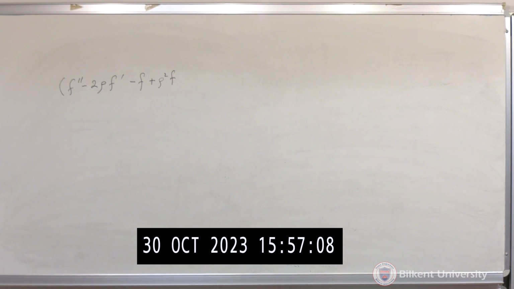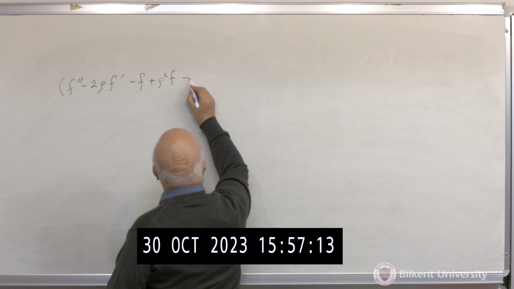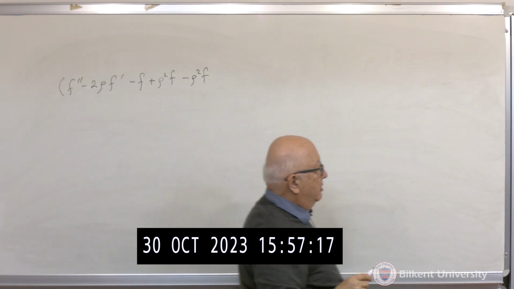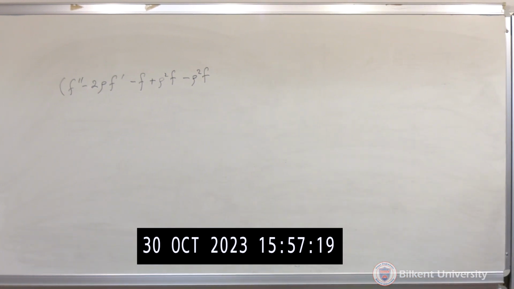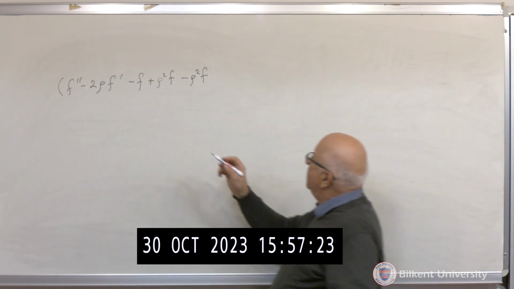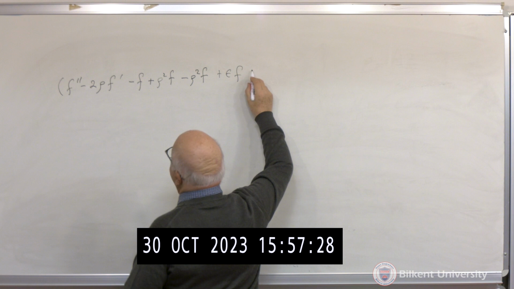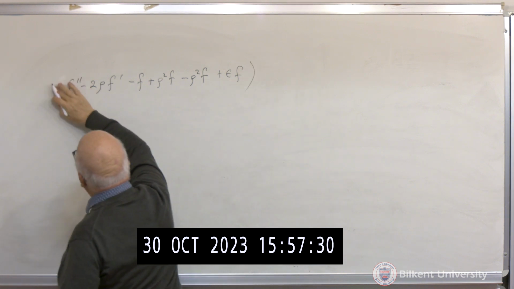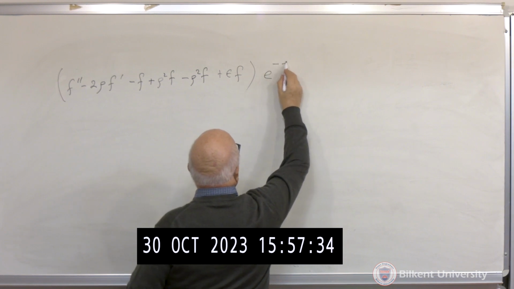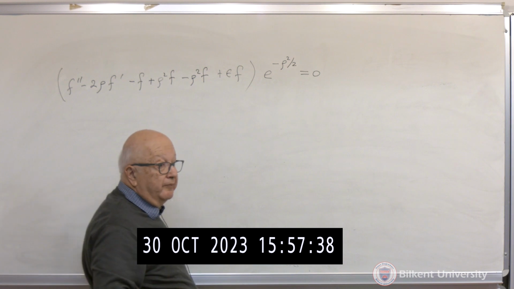So let me put this in, minus rho squared f, and then plus epsilon f. This whole thing multiplied by e to the minus rho squared over 2 is equal to 0.